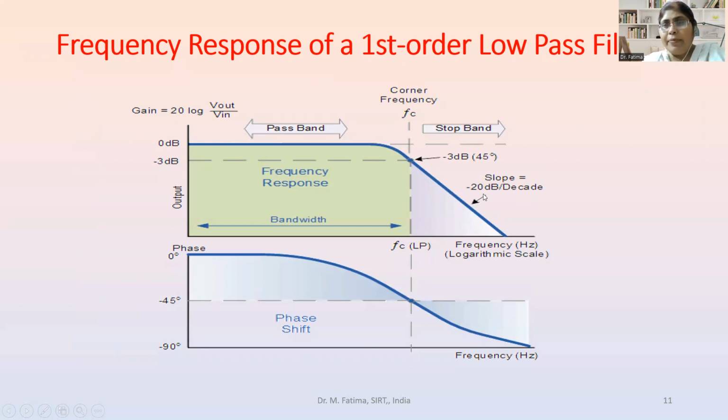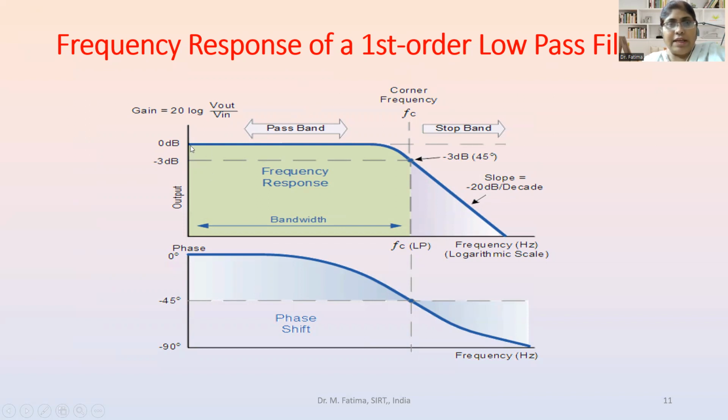For a decade, the gain reduces by 20 dB. For the reduction in gain, the minus sign is written here. So we can see here the fall, or the reduction in value of the output voltage or gain. So the slope is minus 20 dB per decade for the first order low pass filter.